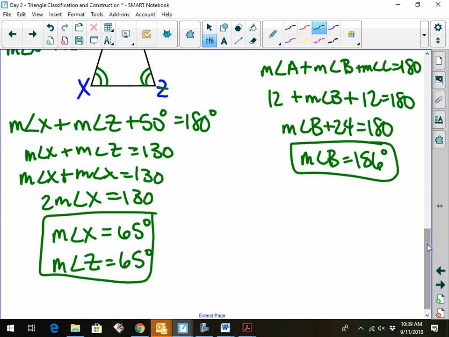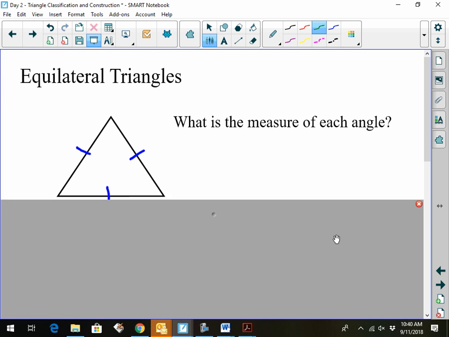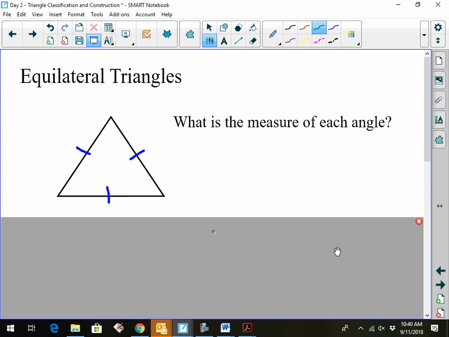Now let's take a look at another kind of triangle, equilateral triangles. Equilateral triangles we've already discussed a little bit, and so we know that they all have three congruent sides.